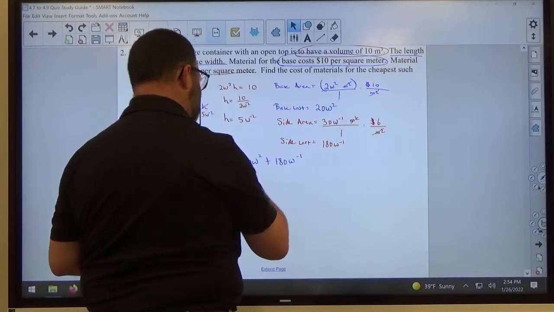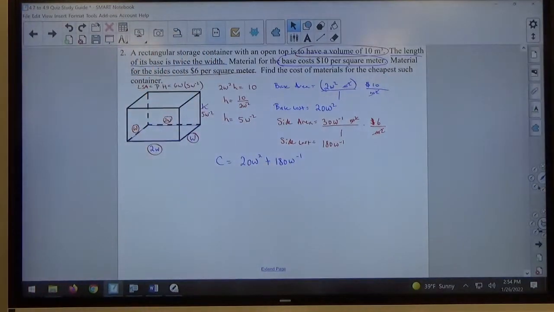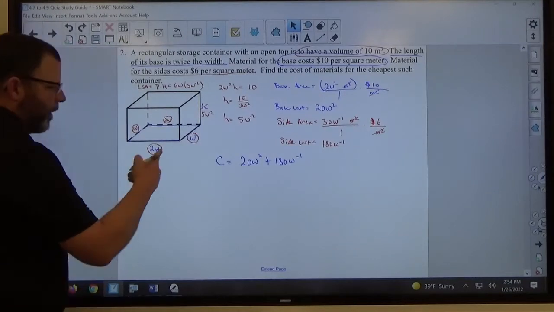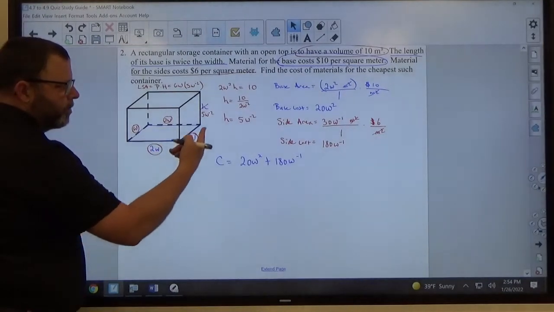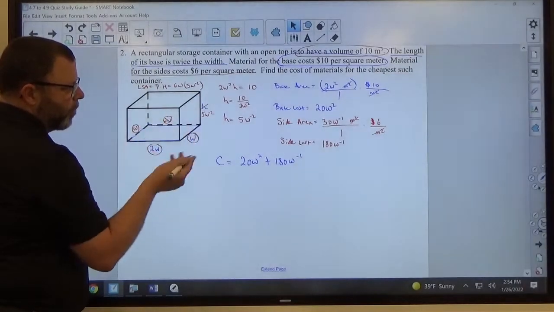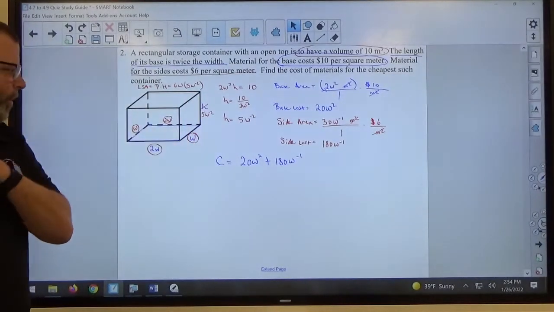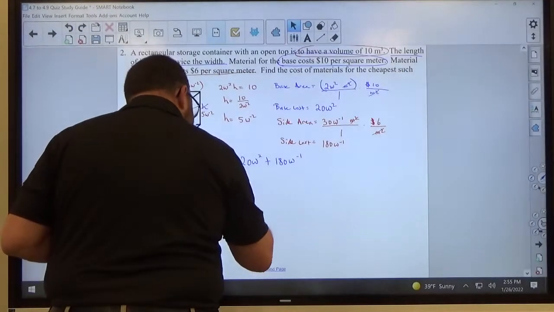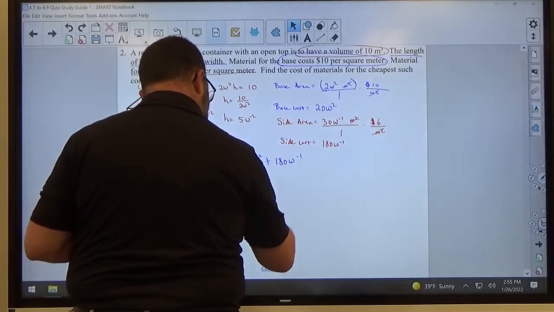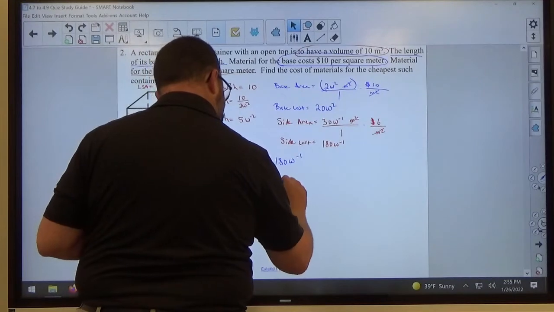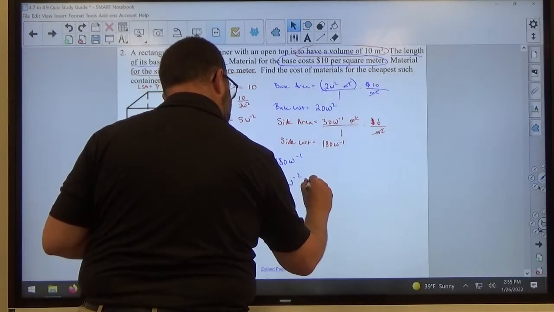So when I'm trying to optimize cost in terms of a single variable, at this point I'm going to differentiate. Oh, real quick, W must be bigger than 0. H has to be bigger than 0. So again, there's no really endpoints except for 0 can't happen. So C prime is 40W minus 180W to the negative second power.